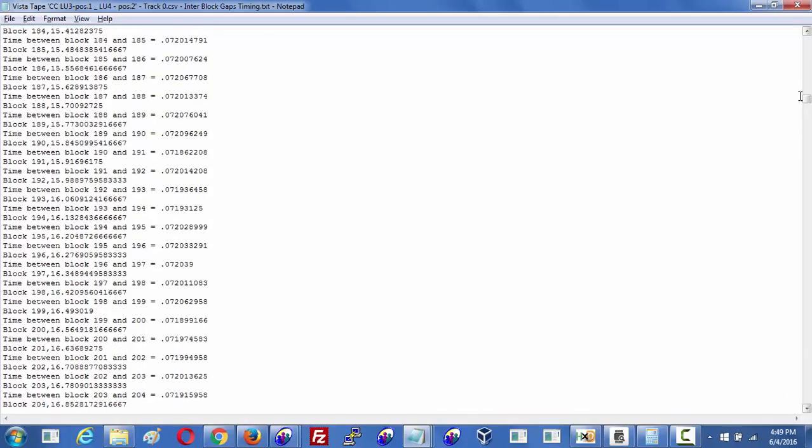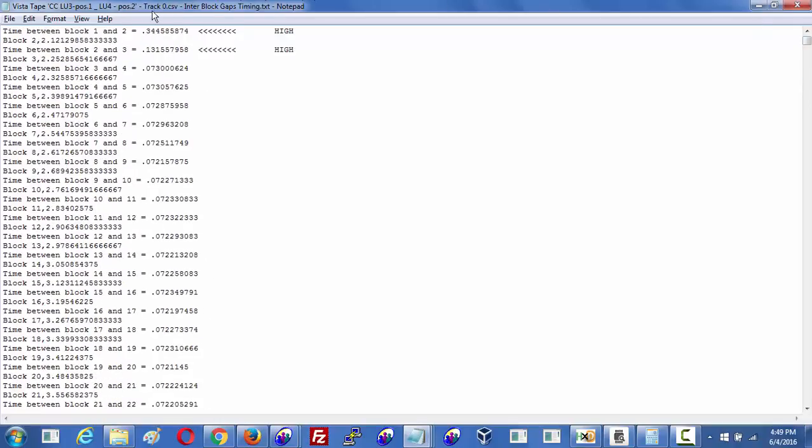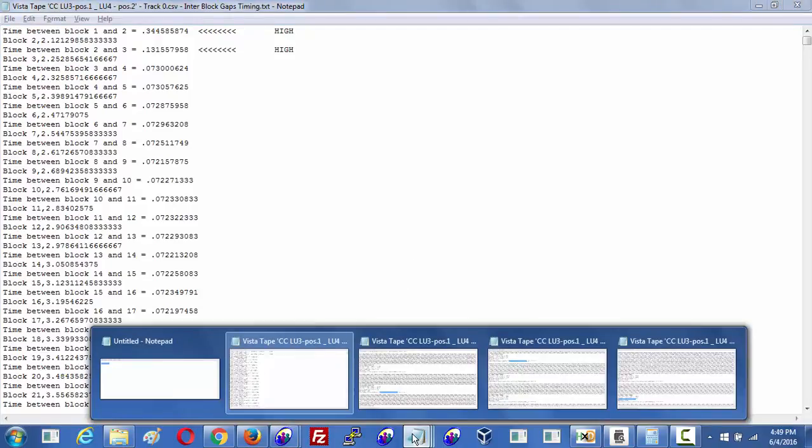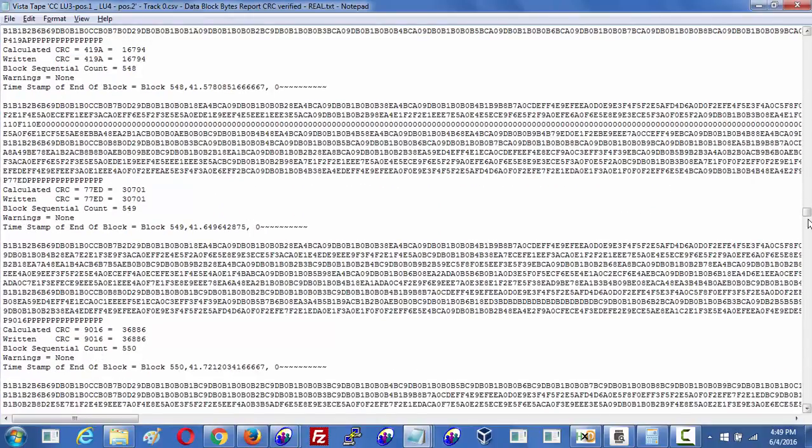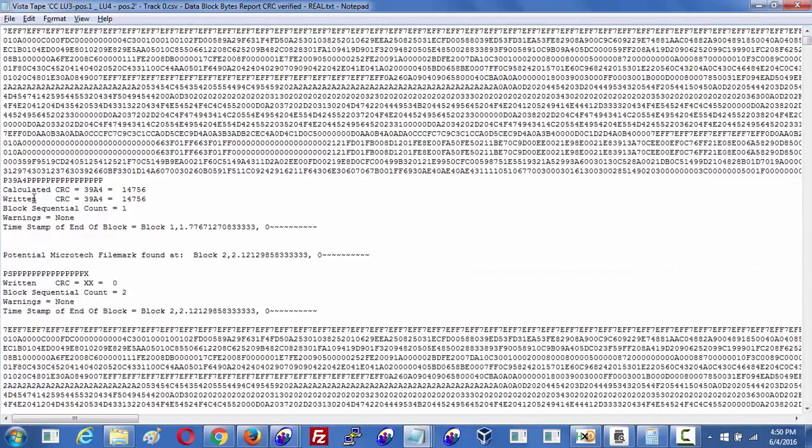This is the report that this creates on track 0 of this particular tape. We start out by noticing that the gap is high here between block 1 and 2. I don't know why it doesn't record block 1 in my report. That's probably bad programming, because I'd really like it to give me the timing of block 1 so it could show me the start point, which is right here.